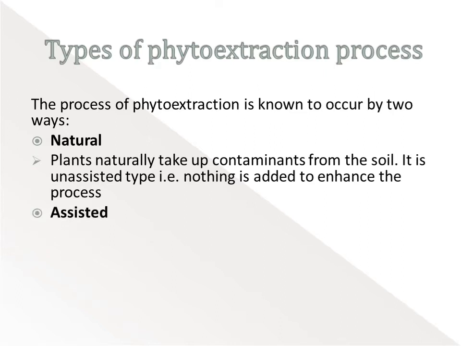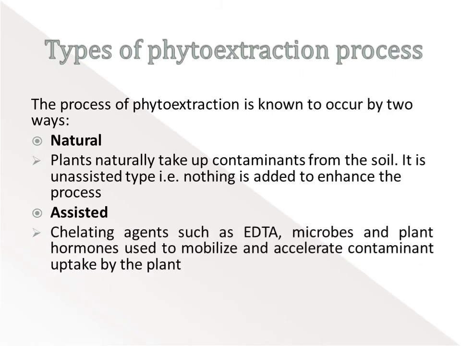The second way is assisted. Assisted means some chelating agents such as ethylenediaminetetraacetic acid, microbes, and plant hormones are used, which mobilize or accelerate the contaminant uptake by the plant. That means these assistants help the plant to absorb the contaminant from the soil.